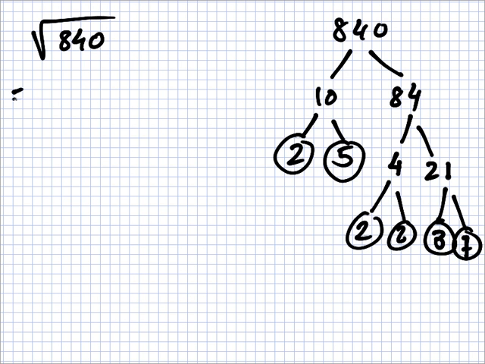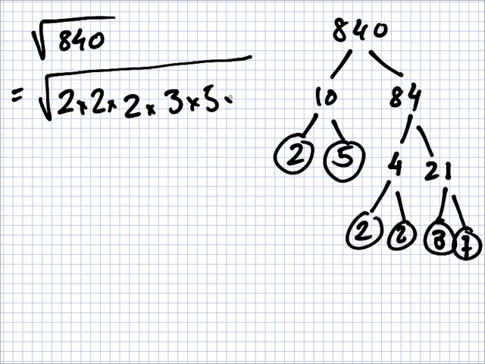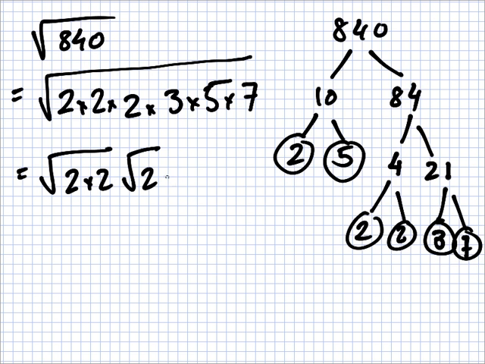So I can change root 840 into root 2 times 2 times 2 times 3 times 5 times 7. Did I get them all? 2, 2, 2, 3, 5, 7. Which I could write as square root 2 times 2, times root 2, 3, 5, 7.